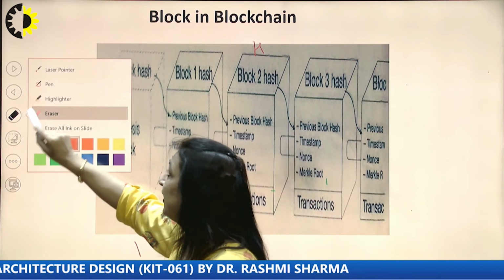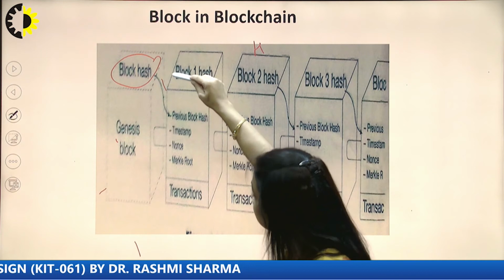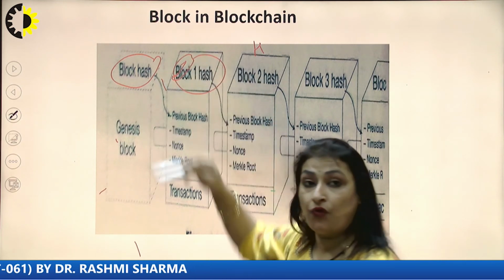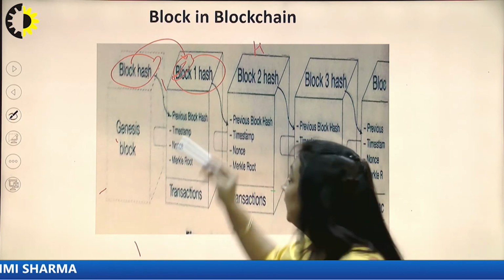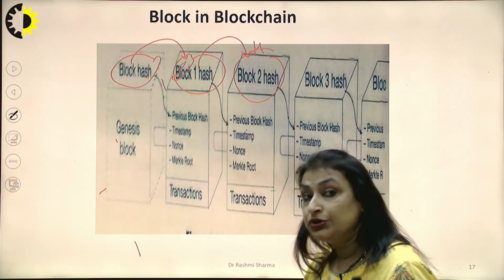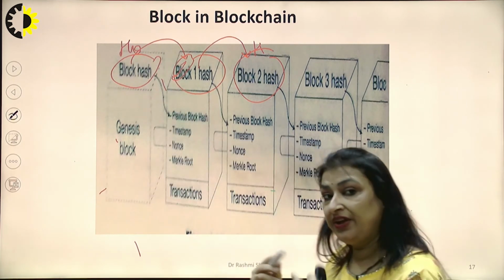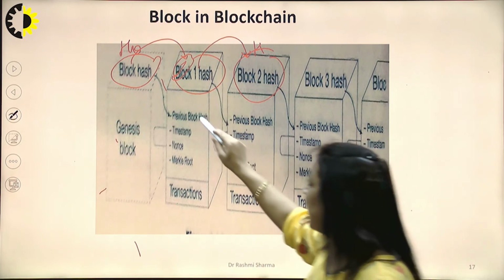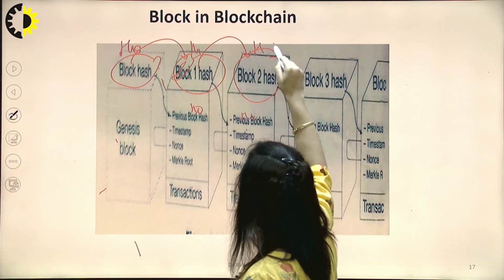So obviously we have this value in some other form in this hash, because we would be using this hash as the input. So this H0, we are rehashing. We have rehashed this H0 and generated H1. This H1 is rehashed and generates H2.